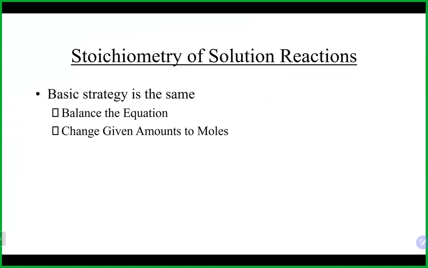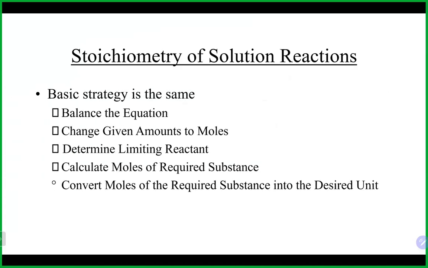All right, so let's talk a little bit about stoichiometry involving solutions. The good news, like what we talked about a little bit in lab as well, is it's really the same sort of steps. The real difference in most cases, I would say, is step number 2 and step number 3.